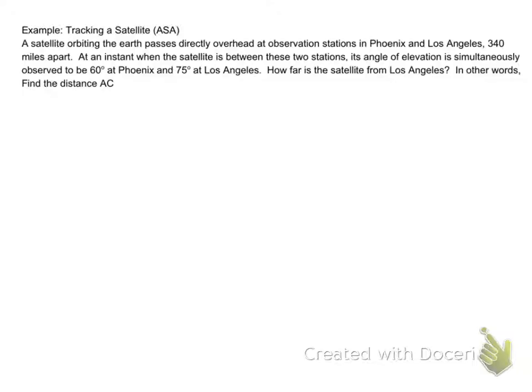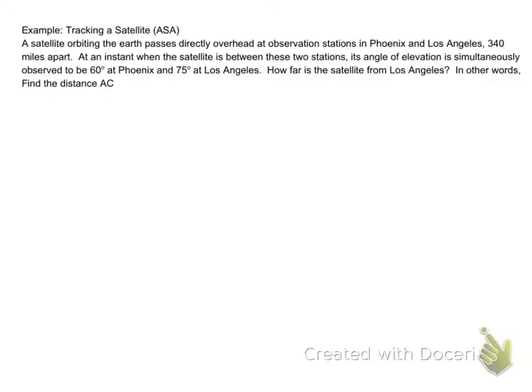At an instant when the satellite is between the two cities, the angle of elevation is simultaneously observed at 60 degrees at Phoenix and 75 degrees in Los Angeles. How far is the satellite from Los Angeles? We added this extra part in there because in the book, there's actually a diagram or a triangle already given. I say you don't need it. But if you were to use theirs, find the distance AC.